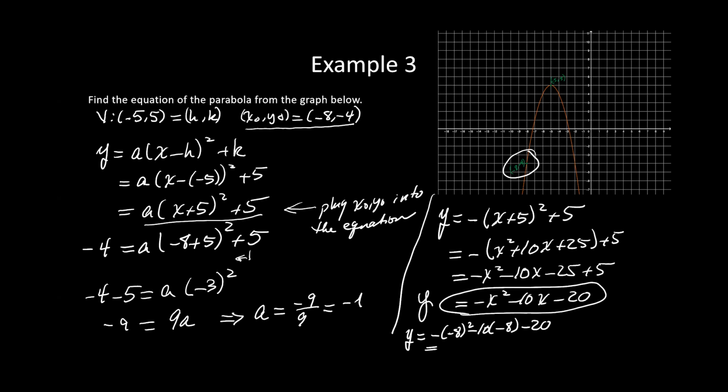This is 64 with a minus, that's negative 64, plus 80 minus 20. Well, negative 64 and negative 20 is negative 84, plus 80 is negative 4, and that checks out perfectly. Okay?